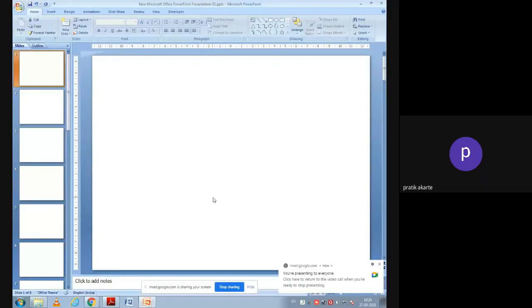Let me open the presentation. So, so far we have discussed that we now know what is the transfer function, and what is the significance of the transfer function.